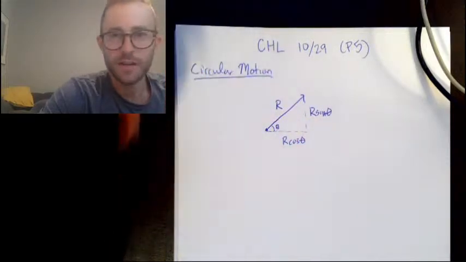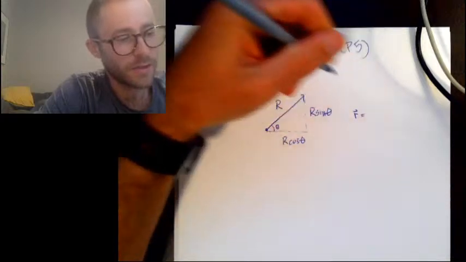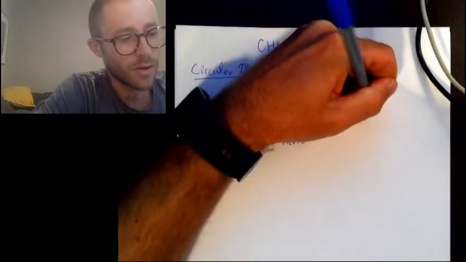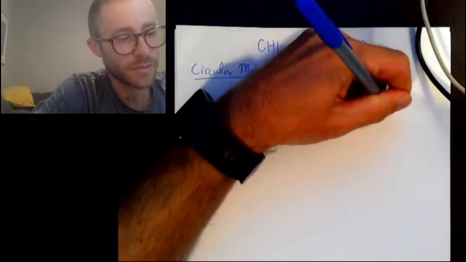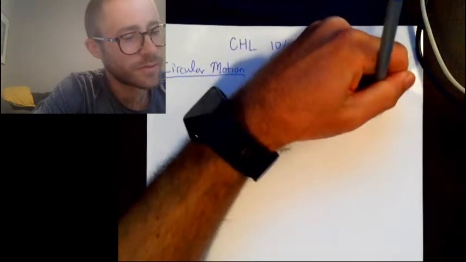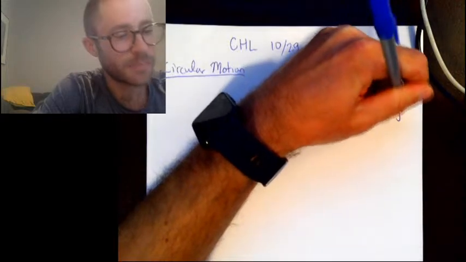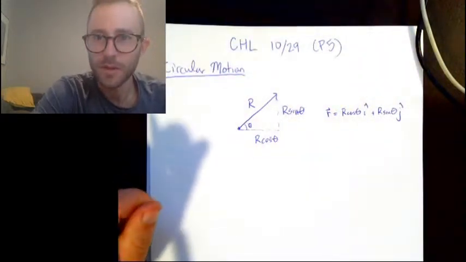And so we could write this position vector as r cosine of theta times i hat plus r sine of theta times j hat.